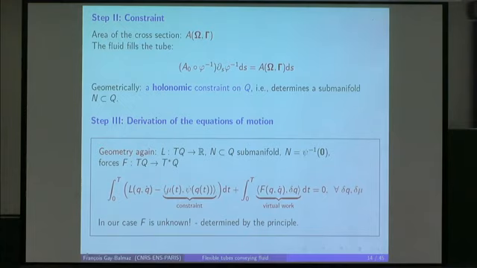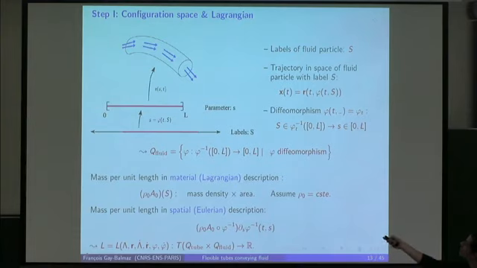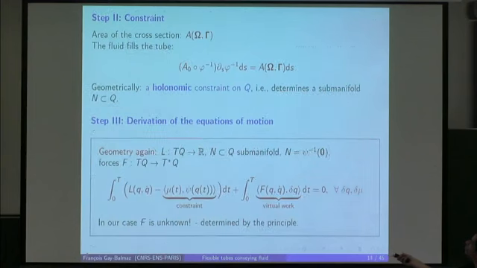But the fluid has to be in the tube that is itself moving, right? It has to be inside. So it has to fill this. So this is the constraint. This guy has to be equal to the area of the tube at the configuration omega, gamma. You remember these are the tube variables.